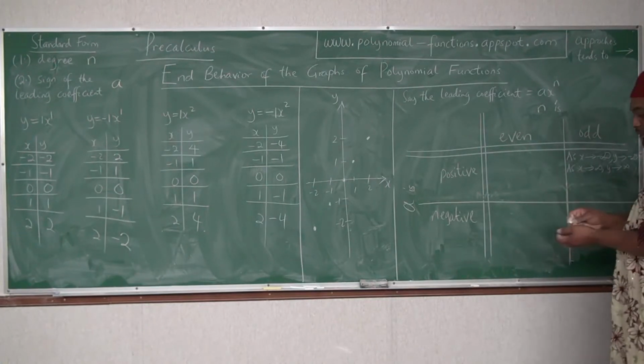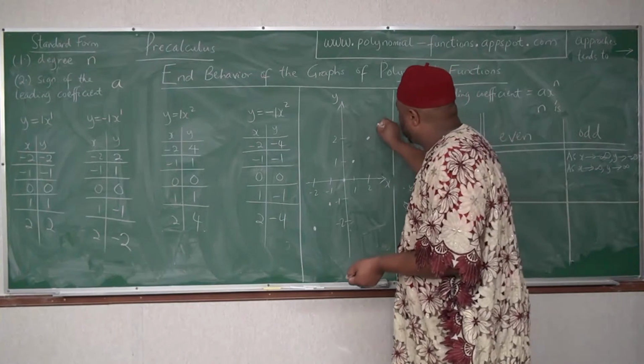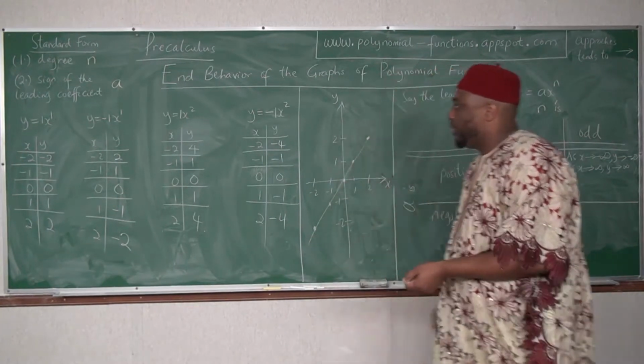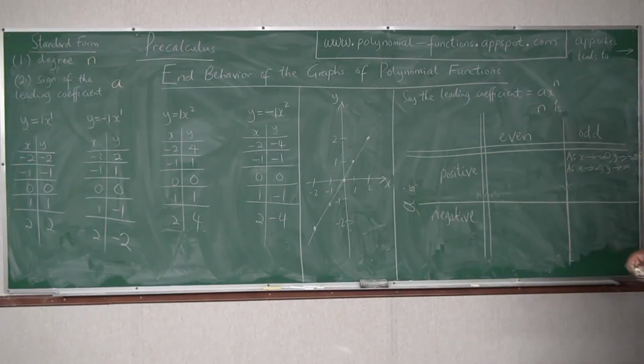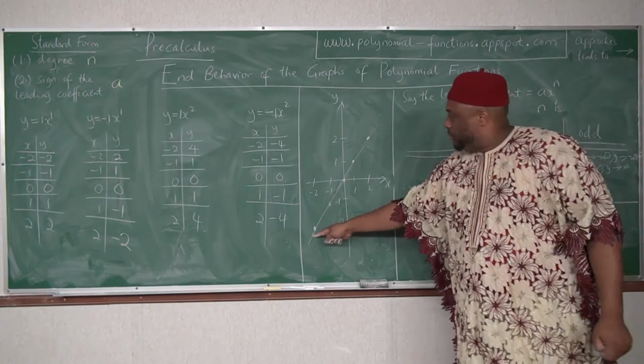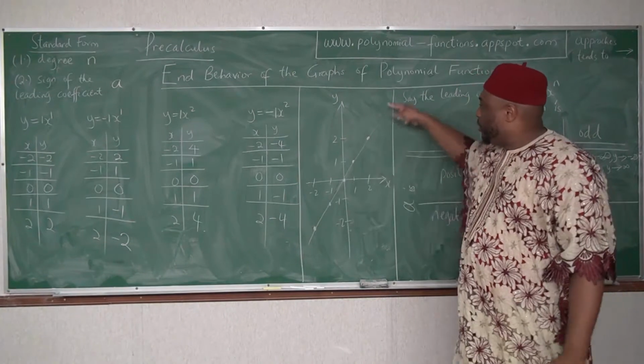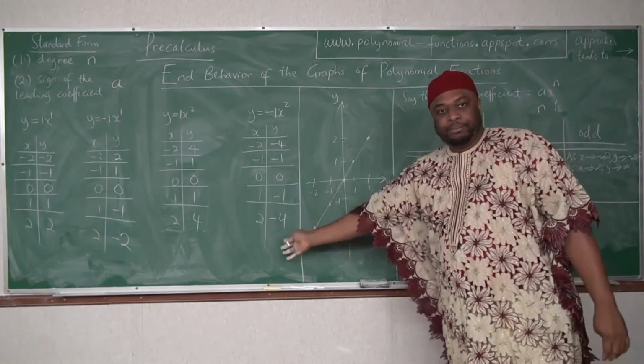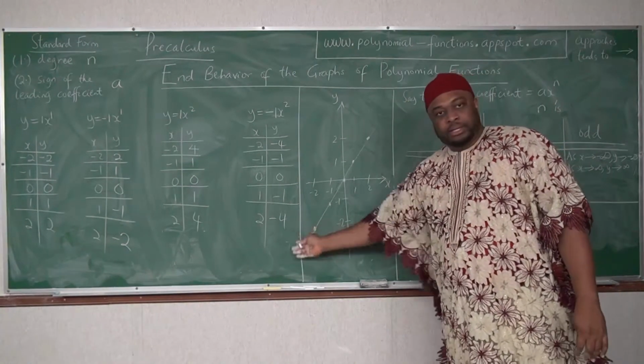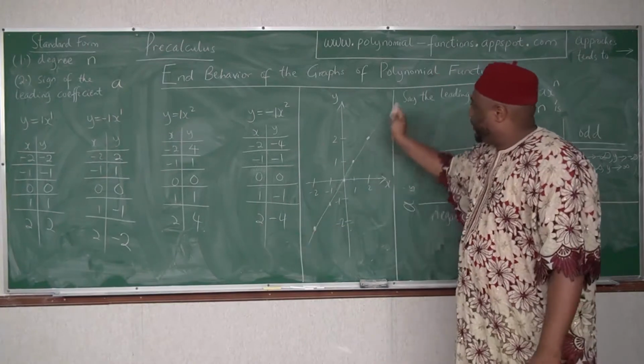Because if you sketch this now, you see it here. Okay? You see, it's down on the left and up on the right. If you keep going left, it's going to be that way, and then up on the right.